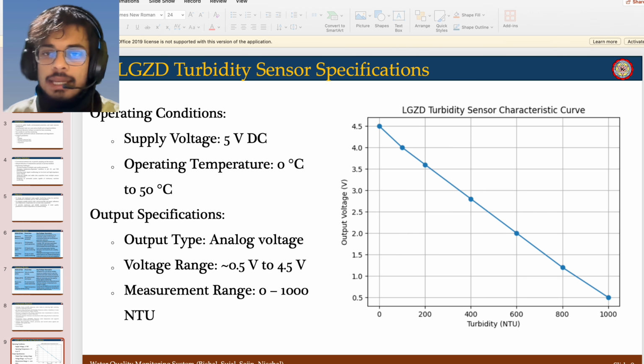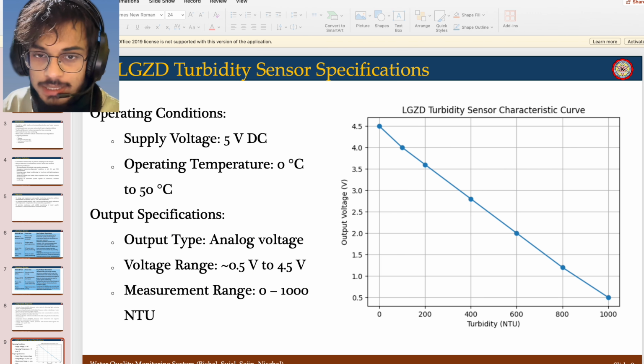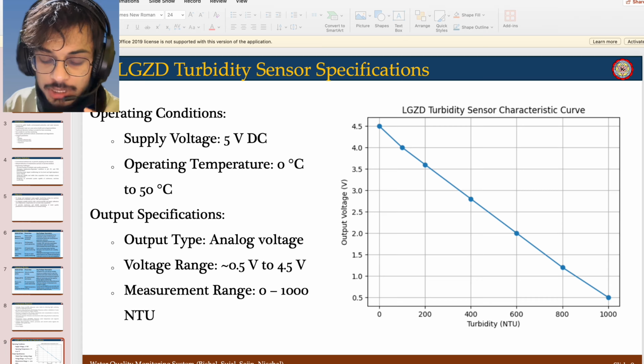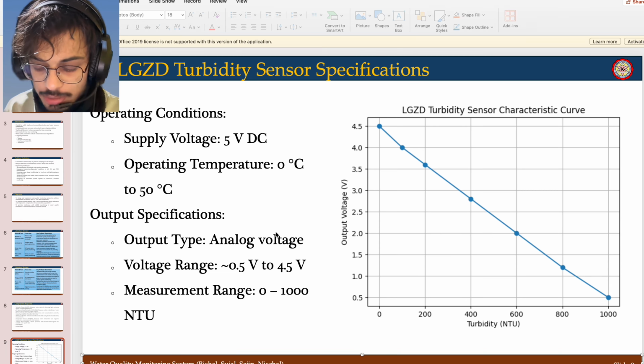This sensor has two ends: one end has an IR LED, and the other end has a photodiode or phototransistor. When the IR LED transmits the light, if there is high turbidity, it will absorb or scatter the light.